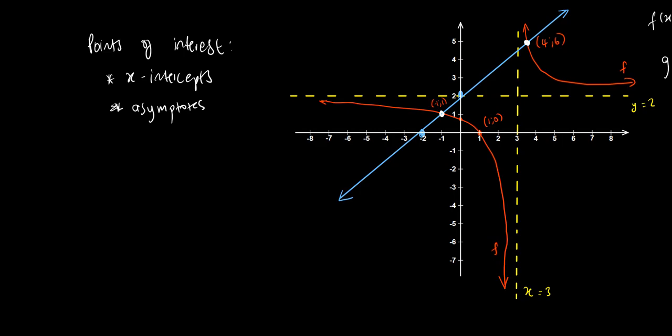X-intercept, asymptotes. Okay, also the points of intersection. And then that should be about it. Yeah, points of intersection, asymptotes, and x-intercept.